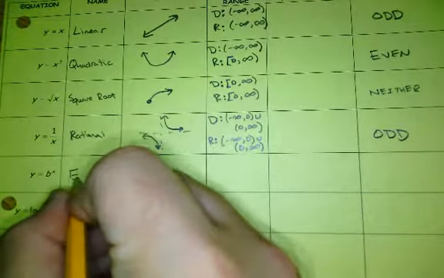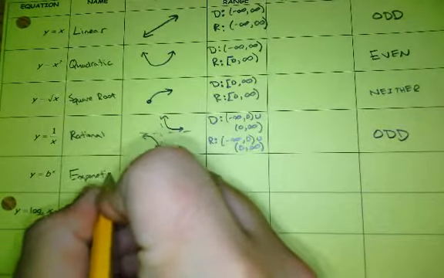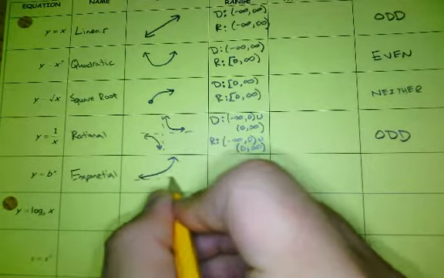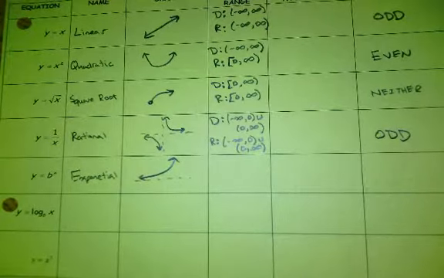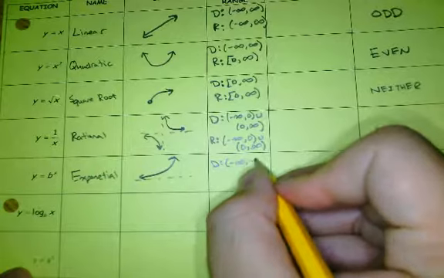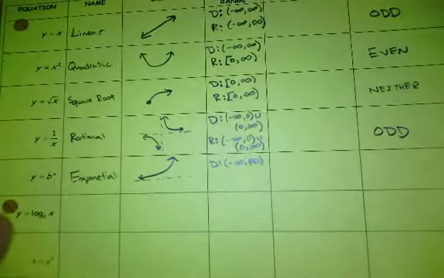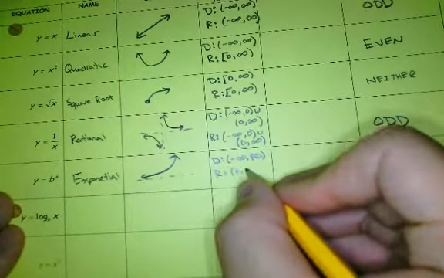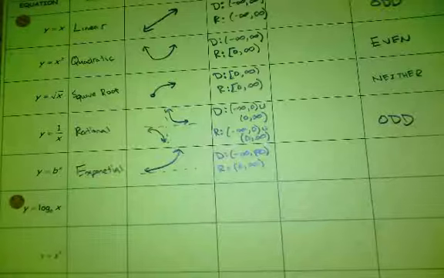Next one is exponential. Domain is from negative infinity to infinity, and the range does not touch 0, then goes to infinity.